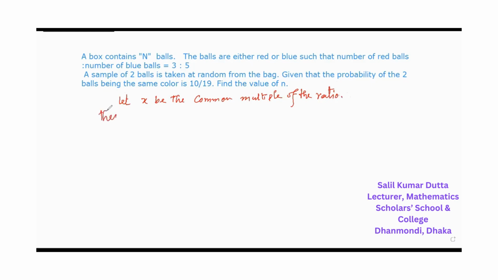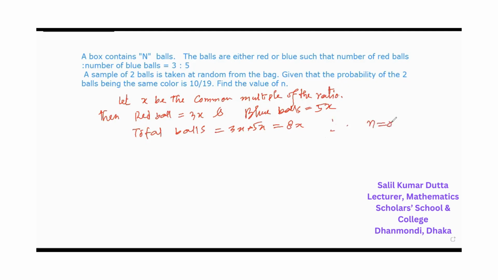Then red balls equal 3x and blue balls equal 5x. So total balls equal 3x plus 5x, equal to 8x. That means n equals 8x.